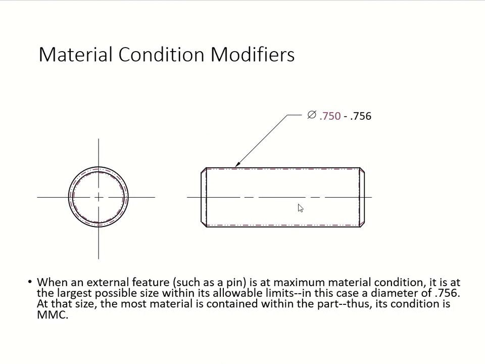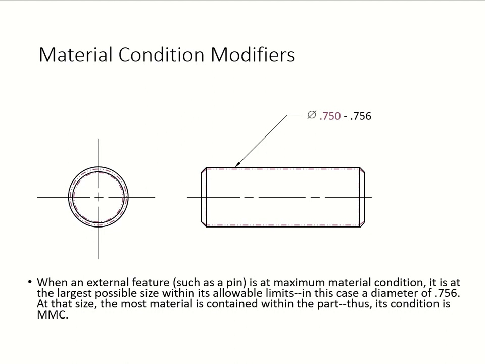This is your hole, and this is your pin, and the pin is a part that is going to go into that hole. So now we have a range right here, 0.750 to 0.756. Your MMC is going to be 0.756 because this is an external feature.